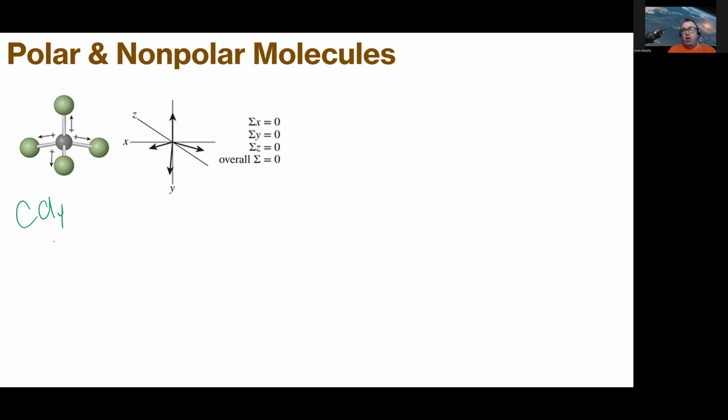If you put them on the coordinate system, we have one bond that lines up along the y-axis going this way. The horizontals of the other 3 are canceling each other out because they're going around and they're all pulling equal and opposite. The vertical part of the down is canceled out by the vertical part of the up, and this whole thing is nonpolar.